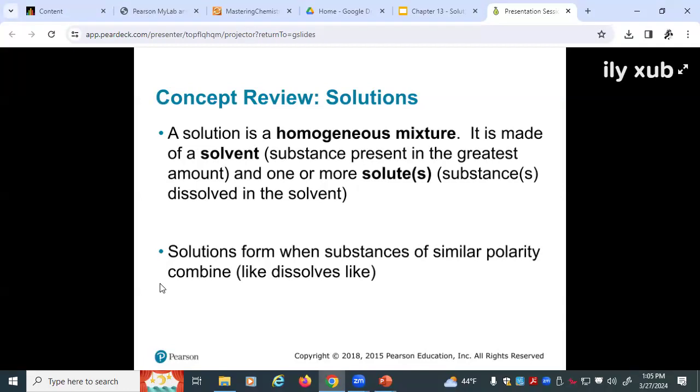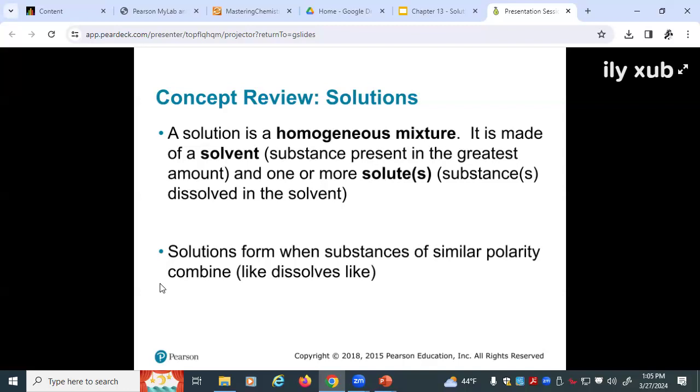So go back all the way to the beginning of our class here. We talked about the ideas of mixtures, physical combinations of different substances. And a homogeneous mixture being one that had a uniform appearance. I couldn't tell one component apart from any of the other components. That's what a solution is.